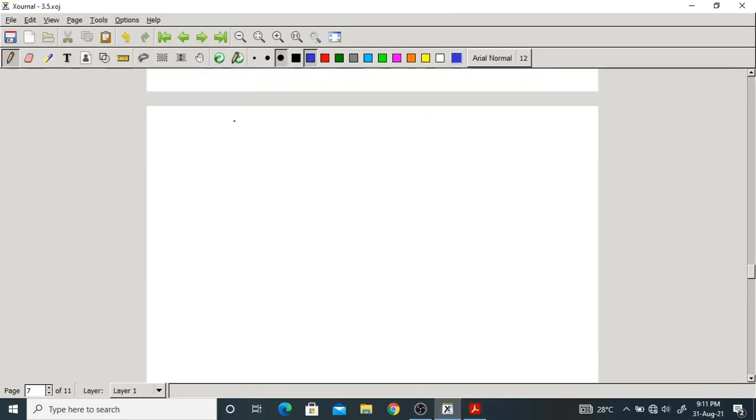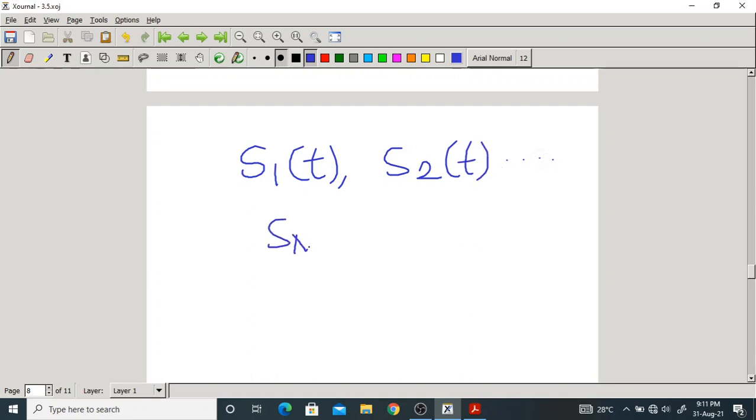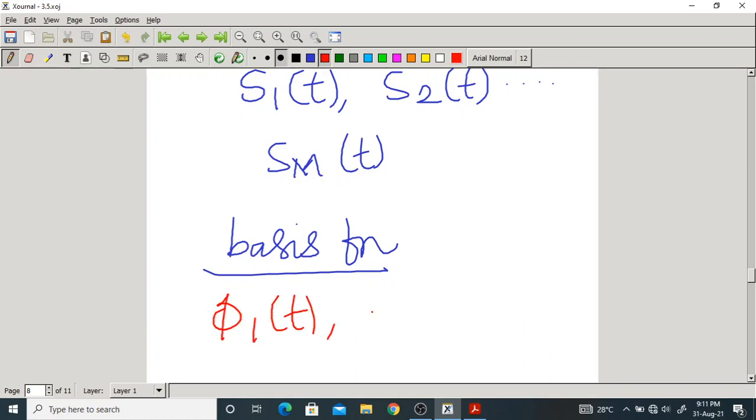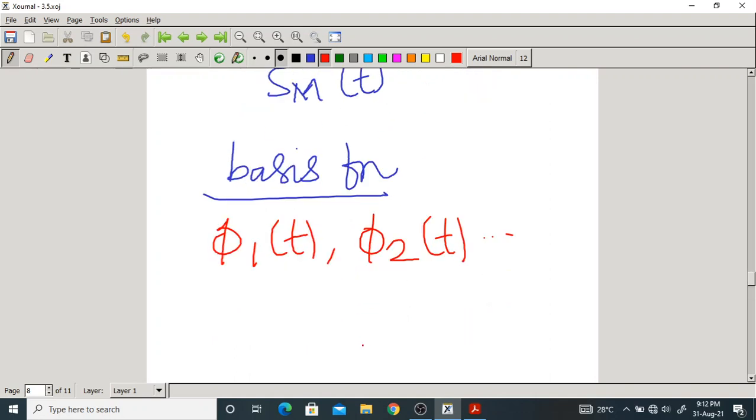What I want to say is, these M energy signals, S1 of t, and so on, Sm of t, can be represented as a linear combination of basis functions phi 1 of t, phi 2 of t, and so on, phi n of t.